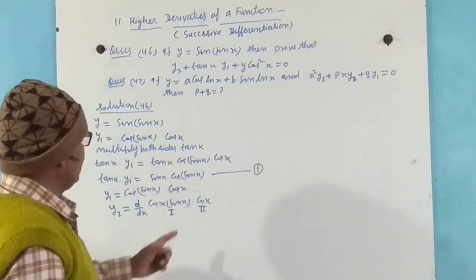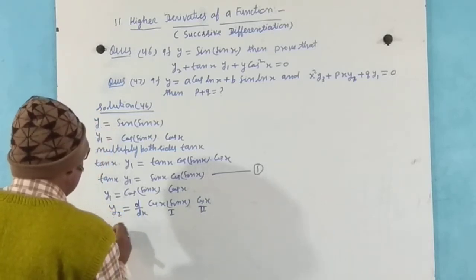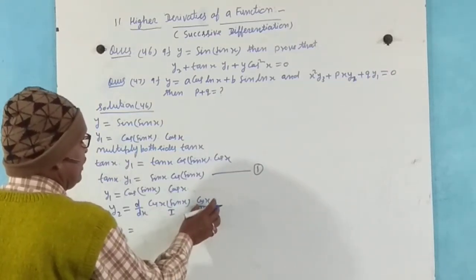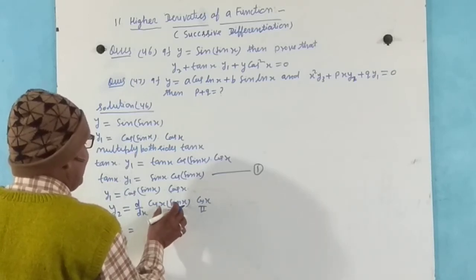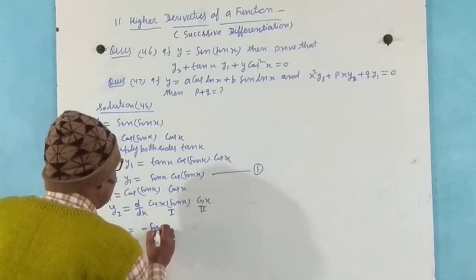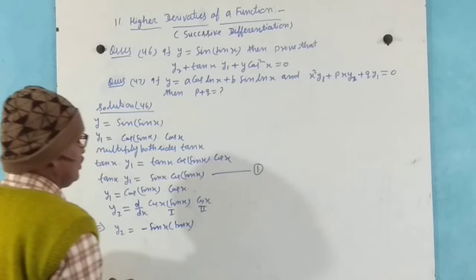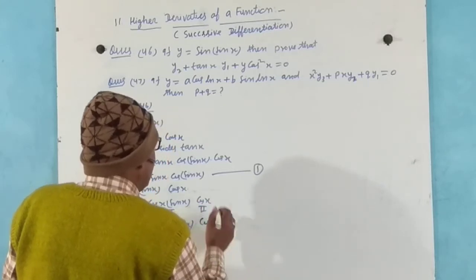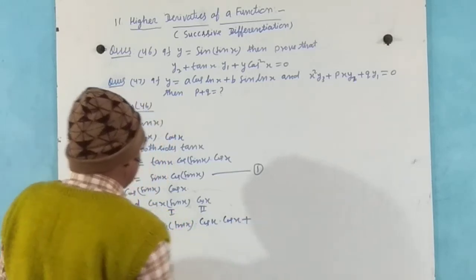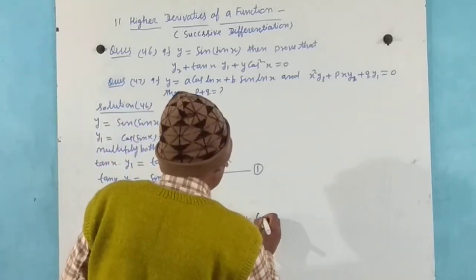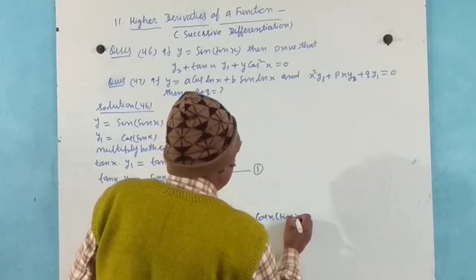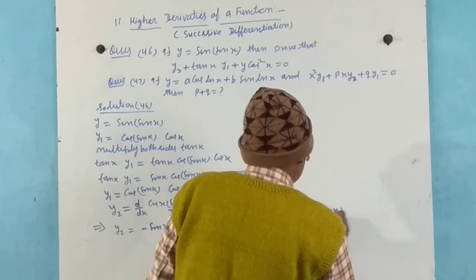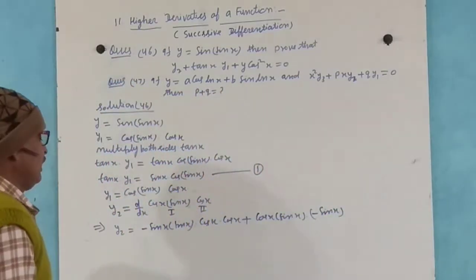Now we apply the product formula in this case. y2 equals the differentiation of the first term, cos of sin x, which is minus sin of sin x into cos x, and then cos x again, plus the first term cos of sin x into d by dx of cos x, that is minus sin x.